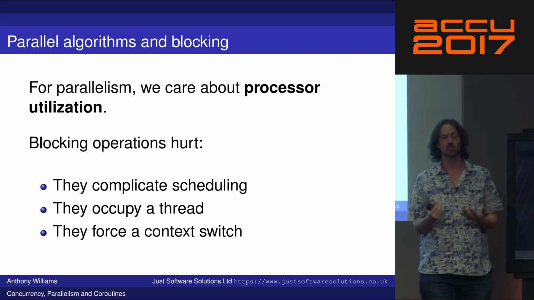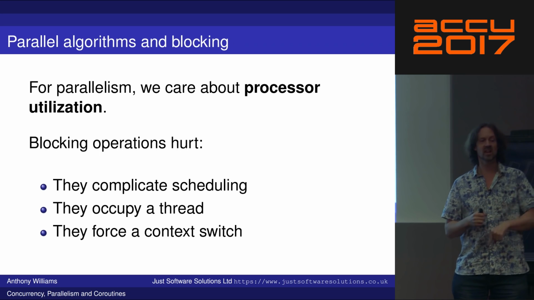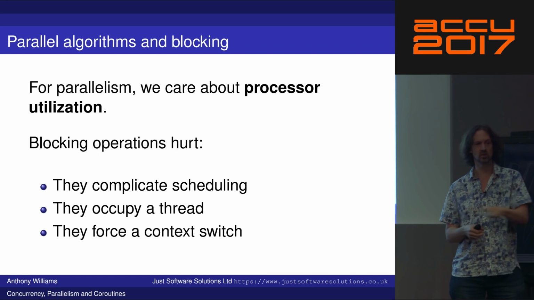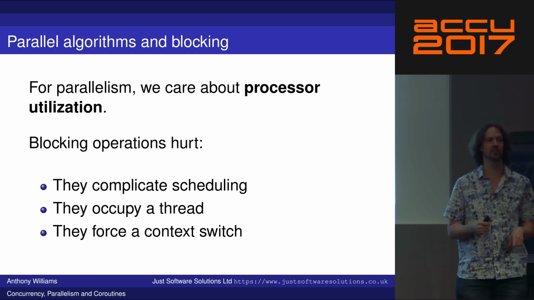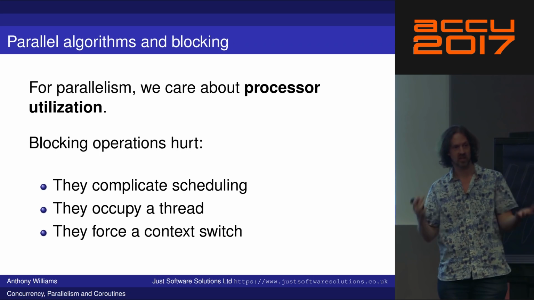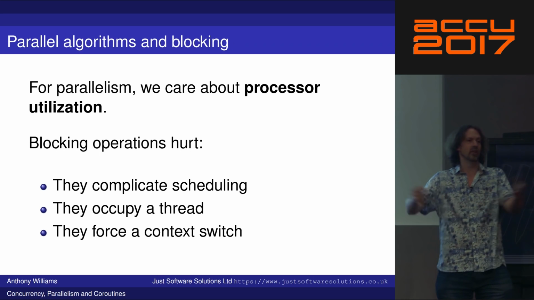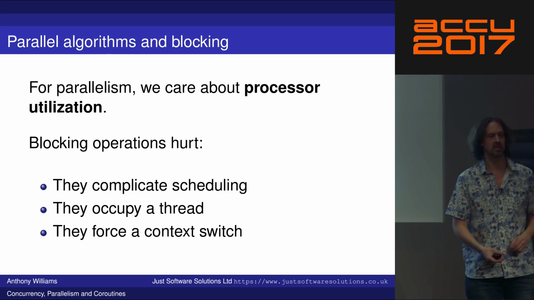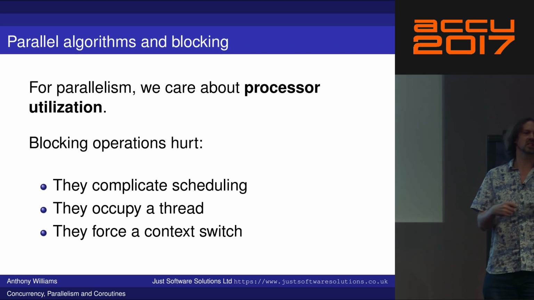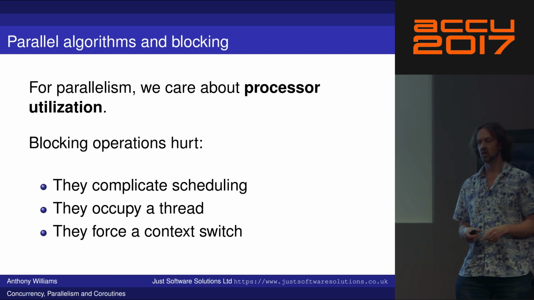If we're focusing on parallelism, then what we really want is to make sure that all our CPUs are doing useful work as much as possible. We don't want too much overhead, and we don't want our nice 1,000-core CPU set sitting idle. We want to be making the most of our available hardware.